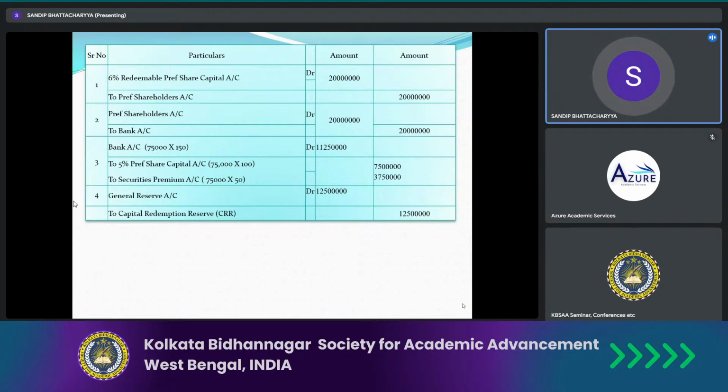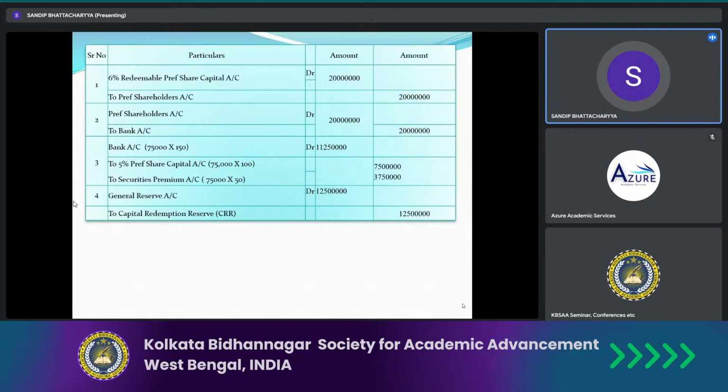Where will the premium entry be? So, my dear students, premium can only happen if the preference shares are redeemed at a premium. In this case, the preference shares are not redeemed at a premium, but the new category of preference shares can be issued with the premium value. I repeat this once again.